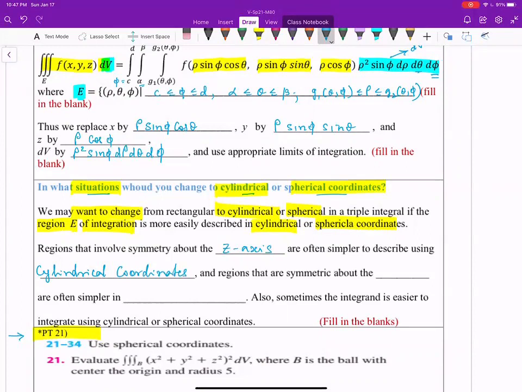And regions that are symmetric about the origin are often simpler in spherical coordinates. Also, sometimes the integrand is easier to integrate using cylindrical or spherical coordinates.